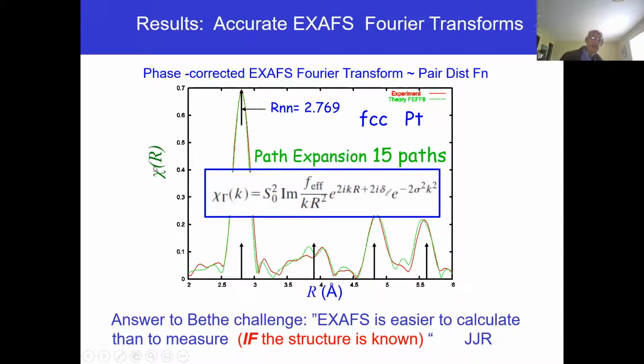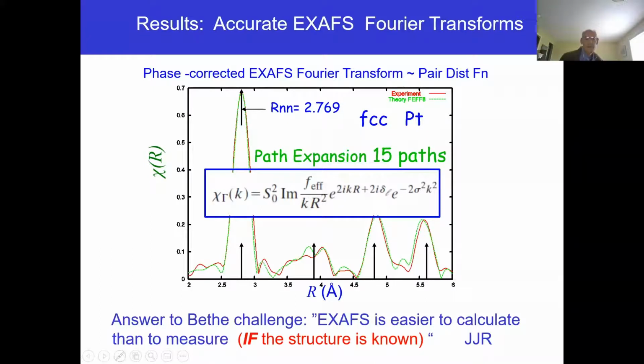But the amazing thing is, if you calculate those wiggles in the XAS and do a Fourier transform, you get a result which is right on top of the experimental measurements. This was done, I believe, by Matt Newell. I'm not exactly sure of that.